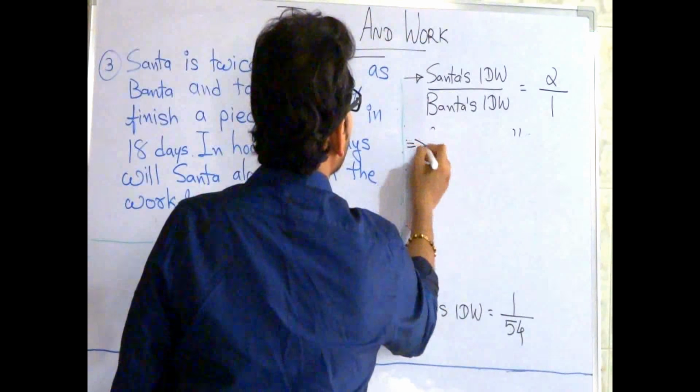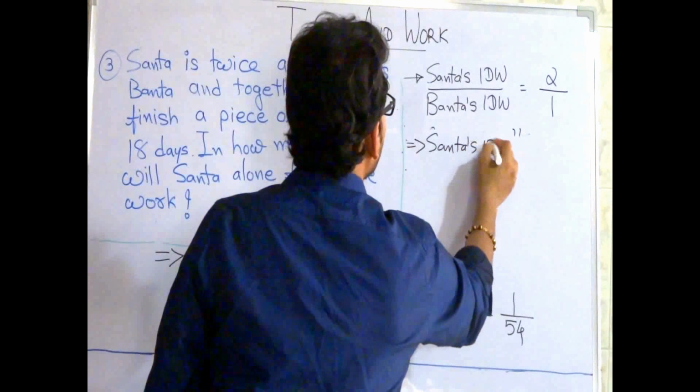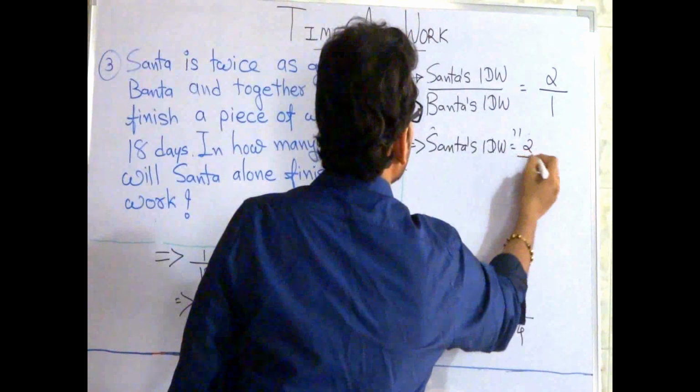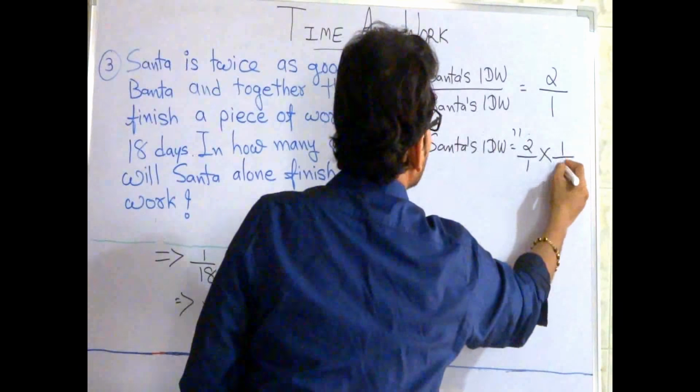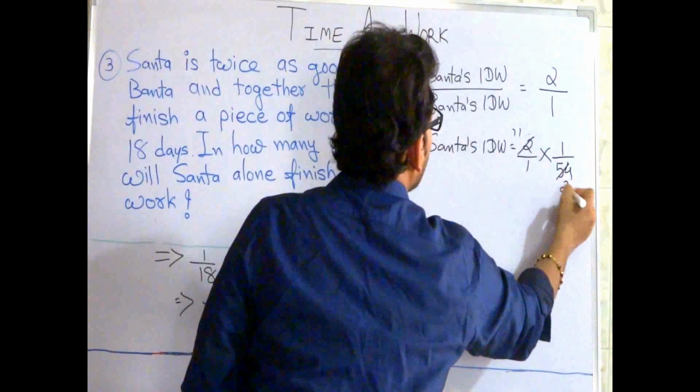So from here we will get Santa's 1 day work is equal to 2/1 into Banta's 1 day work, so 2 into 1/54, 1/27. So Santa's 1 day work is equal to 1/27.